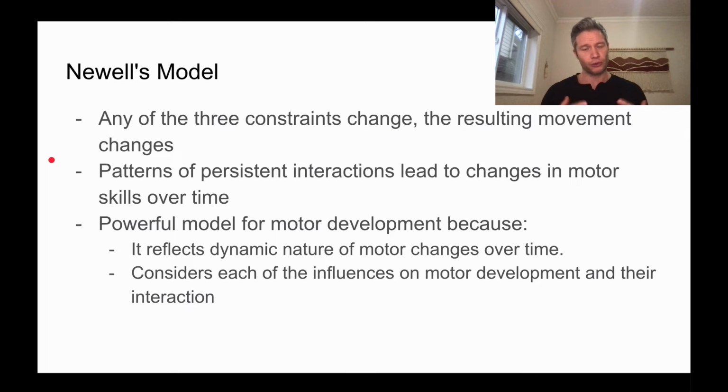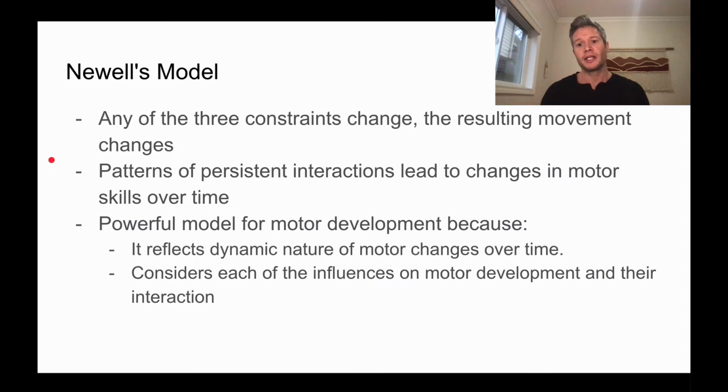If any one of the three constraints change, as I just said, they're all going to change, right? Because they all affect each other. Now, as we develop over time, the more these interactions between the three are persistent and occur over and over, that leads to the changes that we see objectively or externally in motor skills.